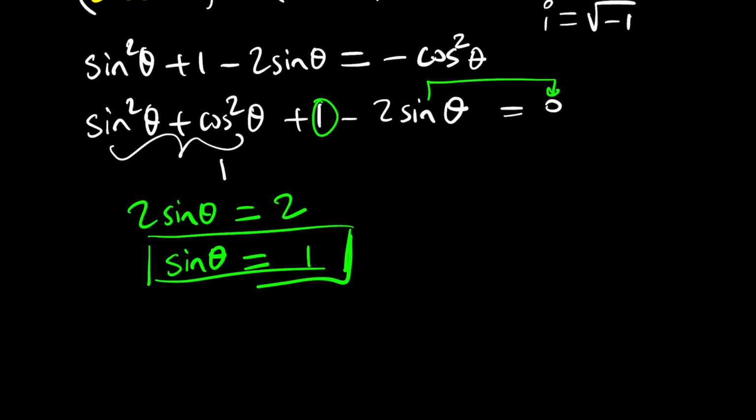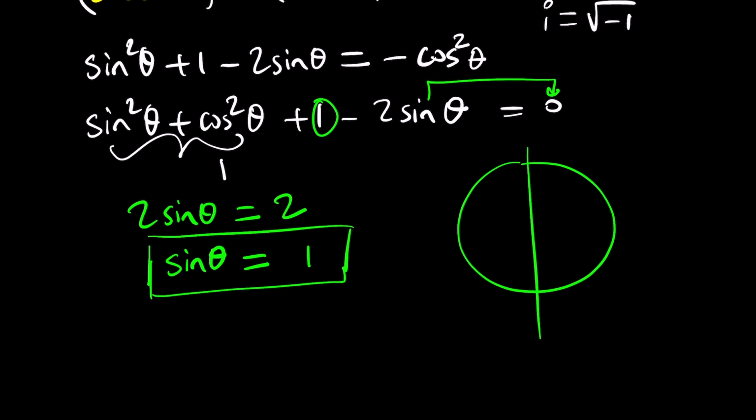Now, where is sine equal to +1? Well, if you think about where sine would be 1 or -1 or 0, you can immediately think of the unit circle, right? And sine theta is going to be 1 when the y value on the unit circle is 1, of course, that's going to be right here. So it tells us that this is supposed to be pi over 2, right?